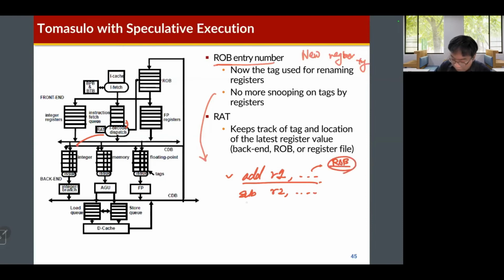So ROB, as I explained, tracks the order of dispatched instructions.